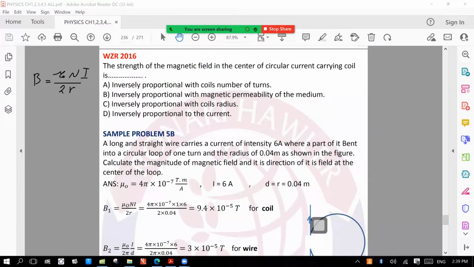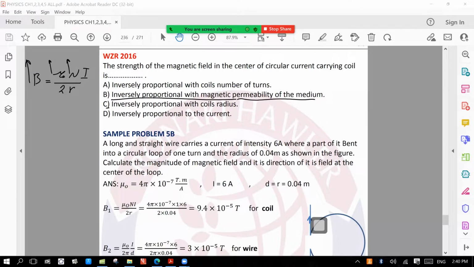If I increase the coil numbers, keep all of them constant, the B will go higher. And the magnetic permeability of the medium, it means it's the mu naught. So if I increase the mu naught, B should increase because they are directly proportional.